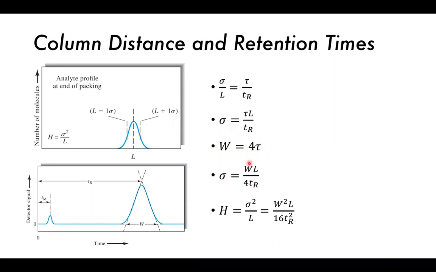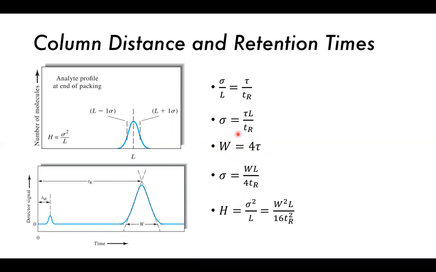And then sigma, then we can put this, okay, so sigma is going to be equal to tau L over TR.